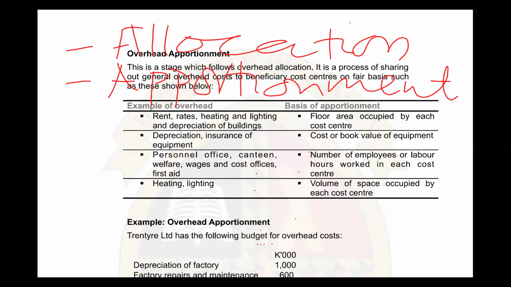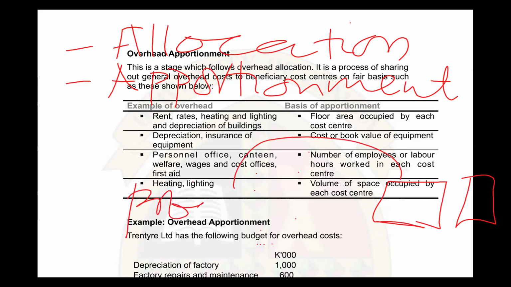Then at the end of it all, after you have done the apportionment, such that even the service departments have received the total cost that is due to them, you should find the means of getting all that cost that you had apportioned to the service departments and have that cost go to the production departments. The message is, ultimately all the costs should go to where? To the production department at the end of it all.